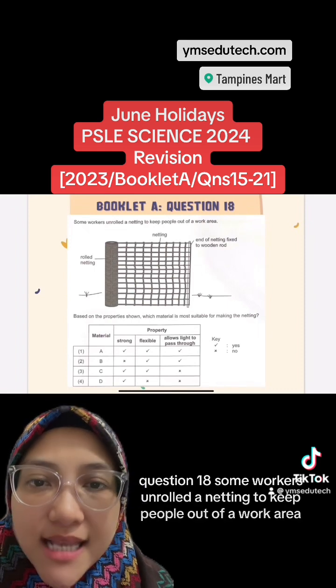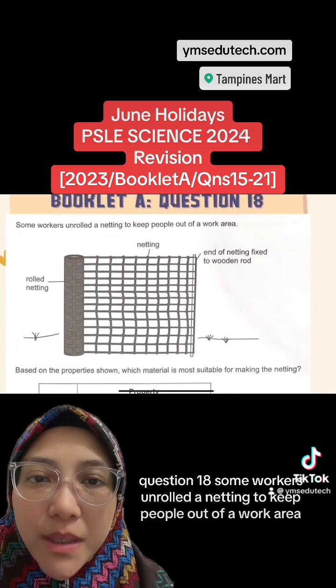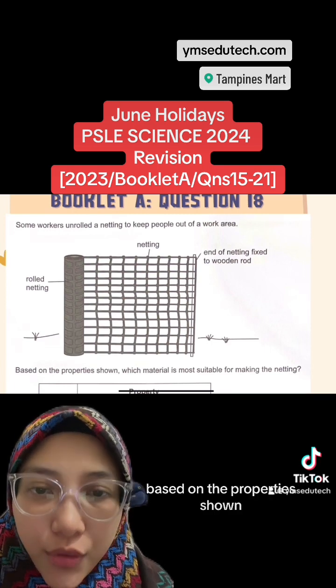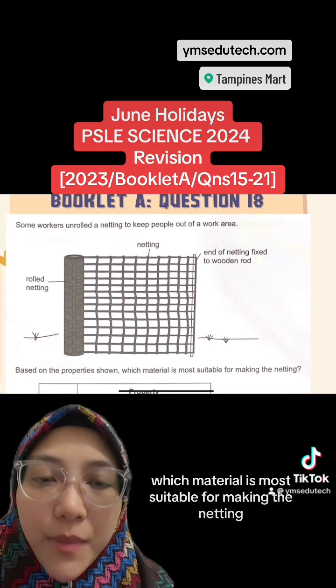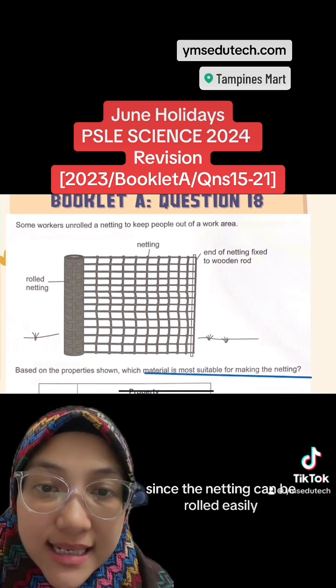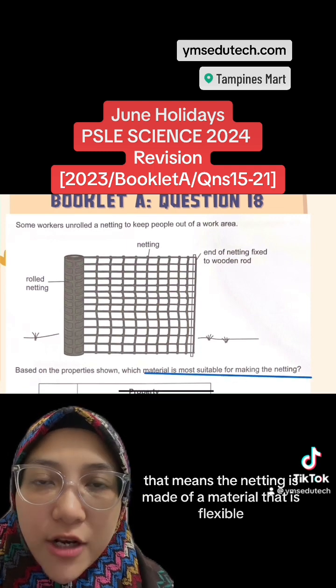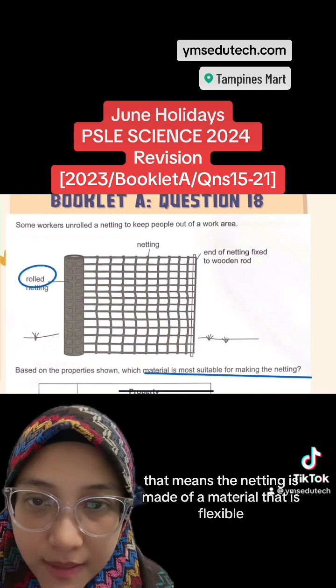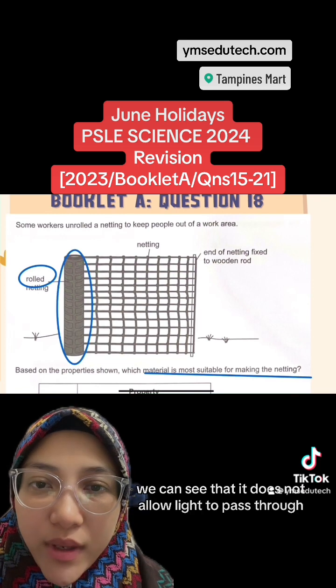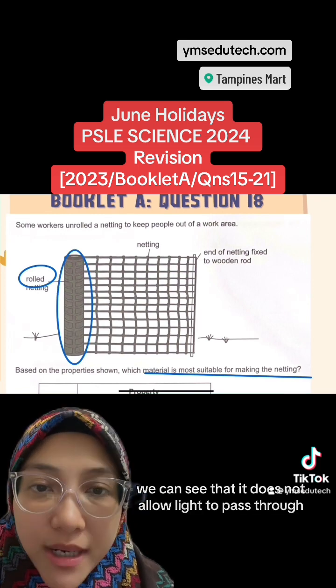Question 18. Some workers unrolled a netting to keep people out of a work area. Based on the properties shown, which material is most suitable for making the netting? Since the netting can be rolled easily, that means it is made of a material that is flexible. If we look at the rolled netting, we can see that it does not allow light to pass through.